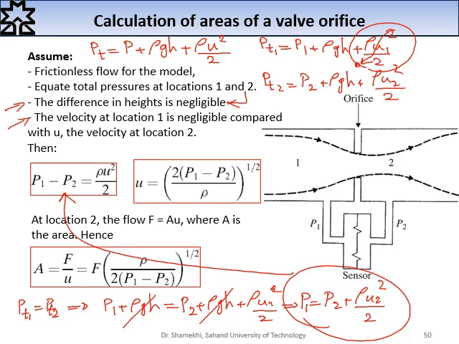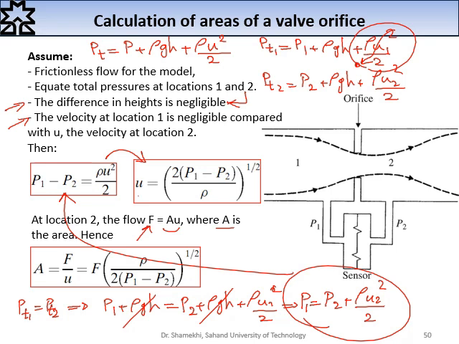The difference between P1 and P2 is the kinetic term at the second location, and using this equation you can find the velocity. And because of this simple assumption, we have a known area A, and the flow of the fluid, which can be written by this simple equation.